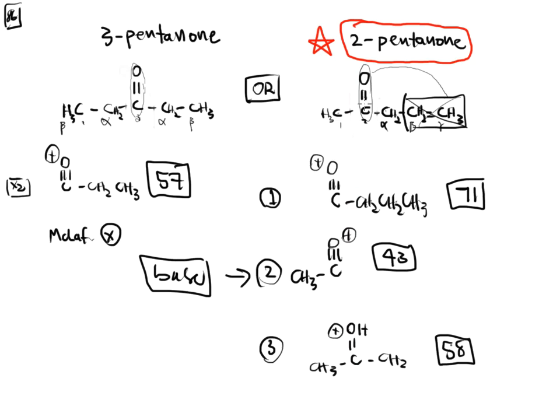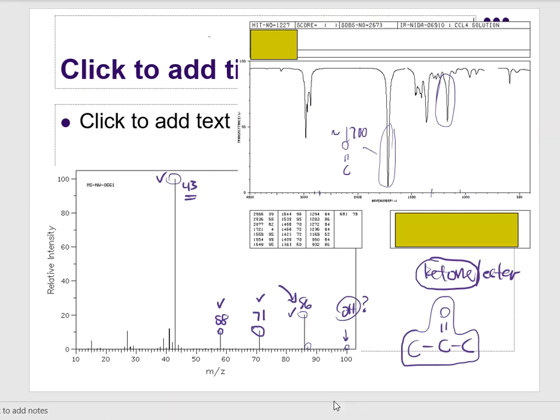My carbonyl is on the second carbon, not on the third carbon. So this structure does not break down commonly in a way that will match this mass spectrum that I'm seeing here on the screen. Now, with that said, we also want to talk about all of these others, right?